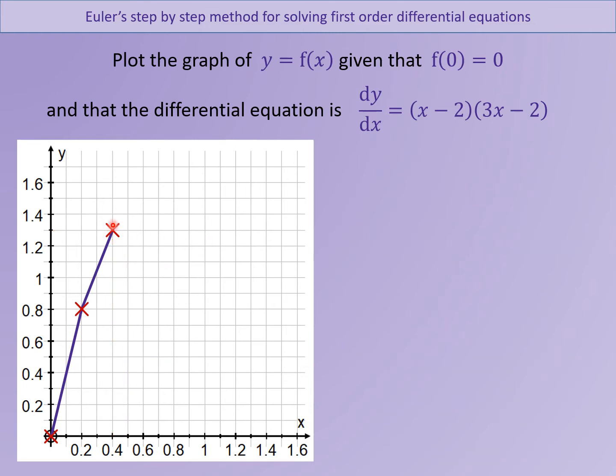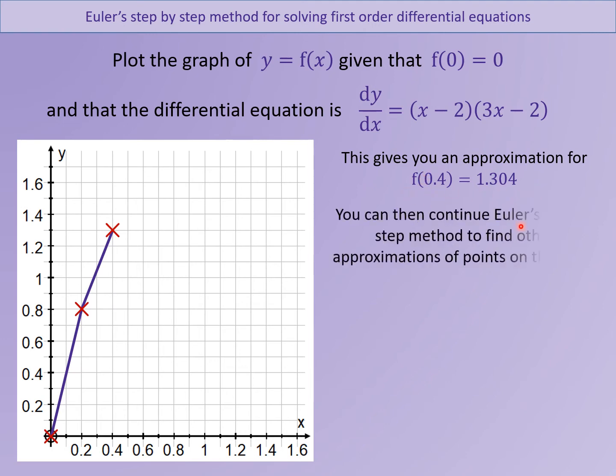I can take my new value, which is going to be 1.304 when x equaled 0.4, and I can work out the gradient at that point, and I know the step size is 0.2, and so therefore I can work out the next value. So the previous value, 1.304, plus 0.2 times the previous gradient.